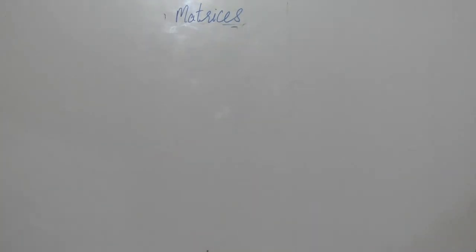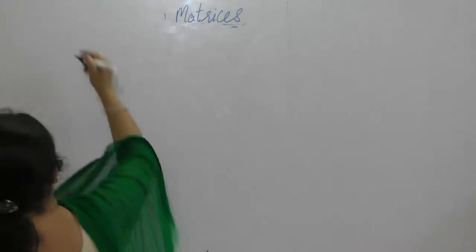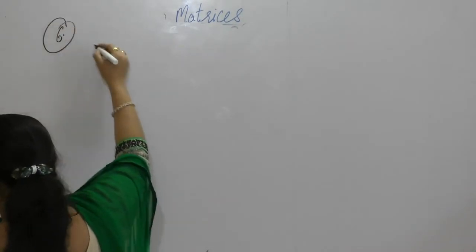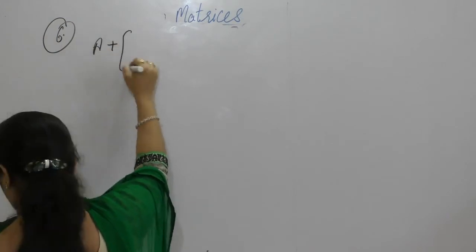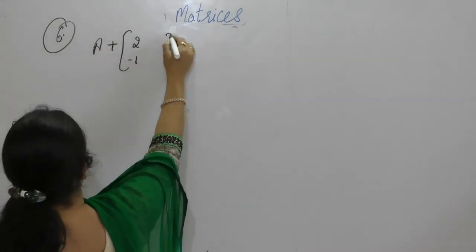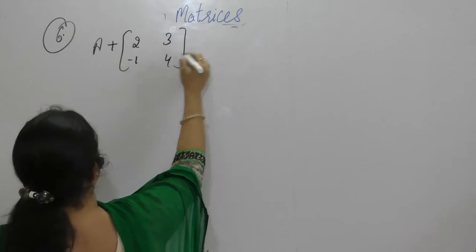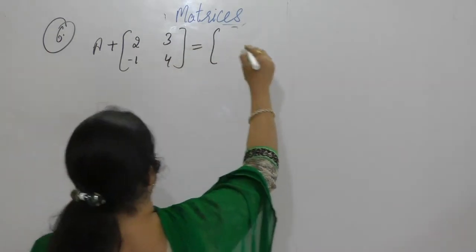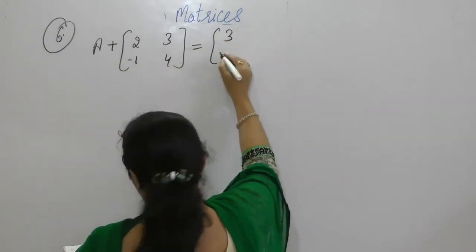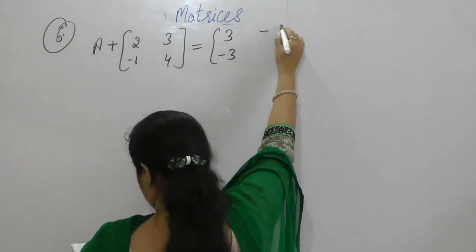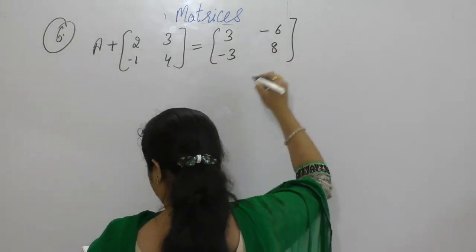Now the next question is question number 6. Find the matrix A if A plus 2 3 minus 1 4 is equal to 3 minus 3 minus 6 8.